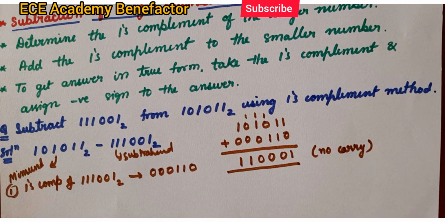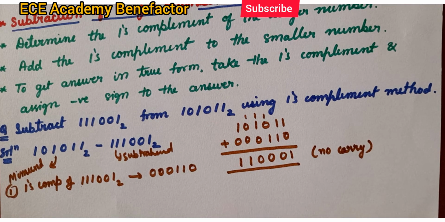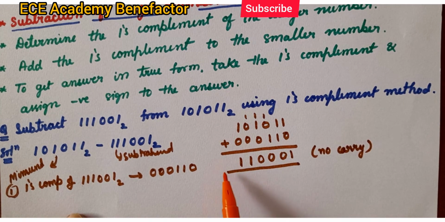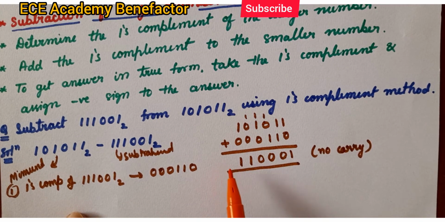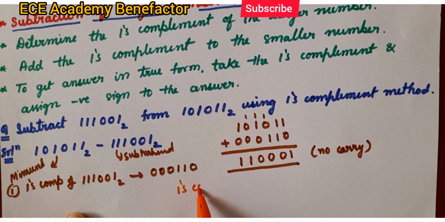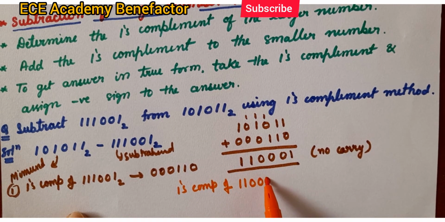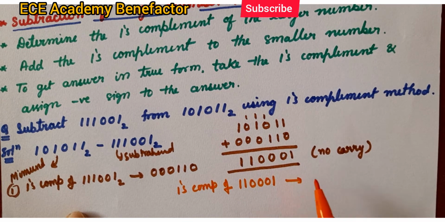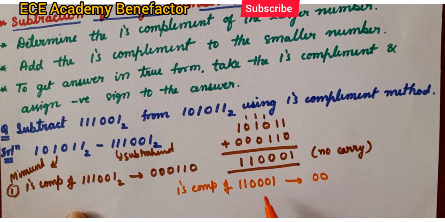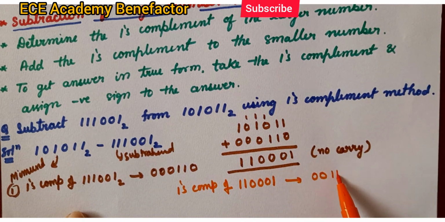So, next step, if there is no carry, we have to find the ones complement of this number. Ones complement of 1100001. Find the ones complement. This is double 1, so it becomes 00. 00001 means 111.